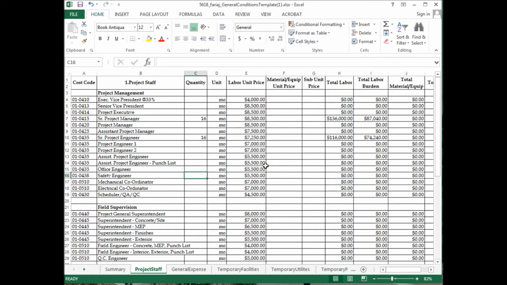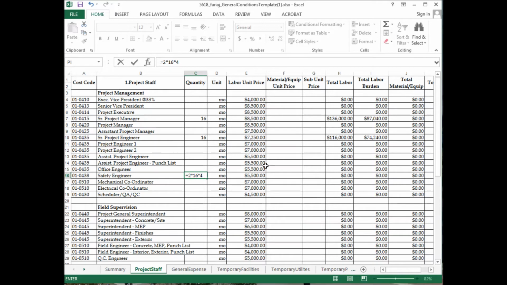So this person may go to the job site, let's say 2 days every week. So that would be 2 days multiplied by the number of weeks that we have, which will be 16 months times 4.